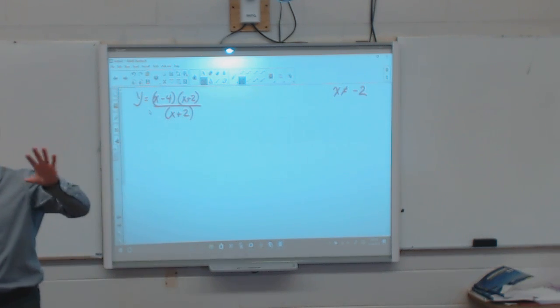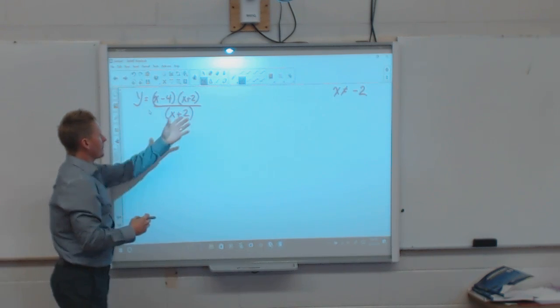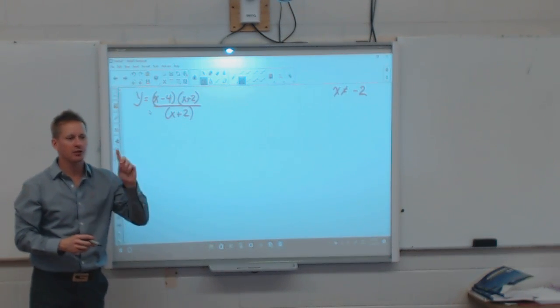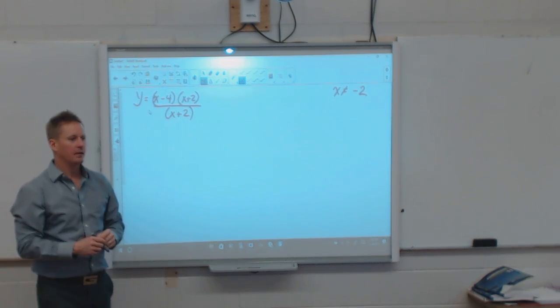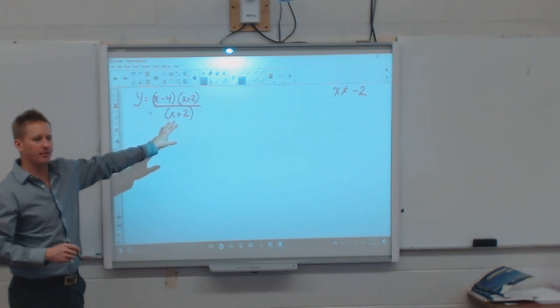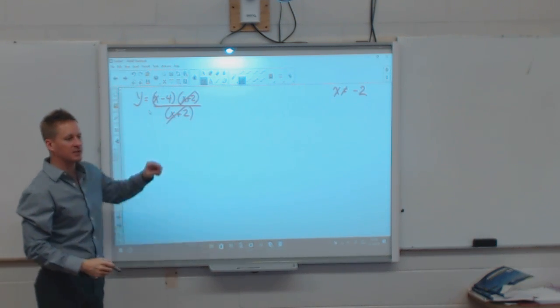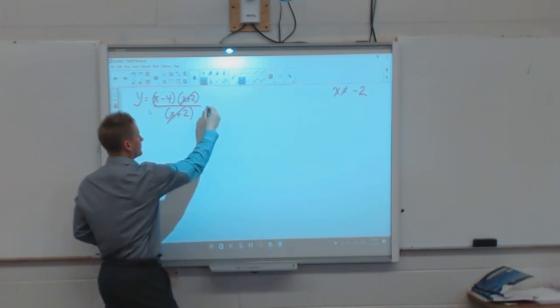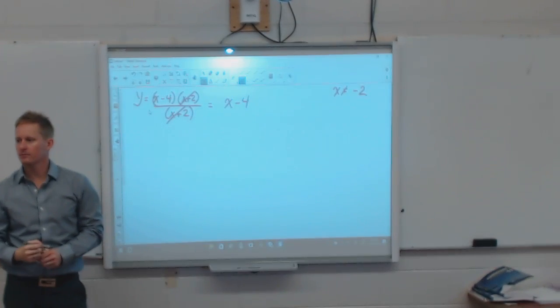So that's what I would have started, and then I would have factored it to get to this point. Now that I have it in this form, the first thing you do is find out what the non-permissible value is. Now I'm going to simplify it by canceling it out, and I'm now going to graph what's left. So what's left right here? What is that the graph of?